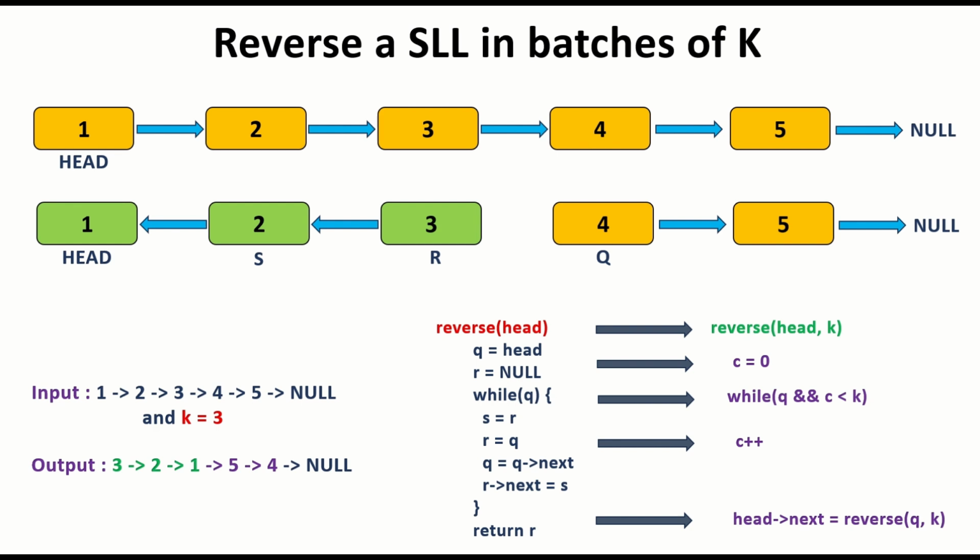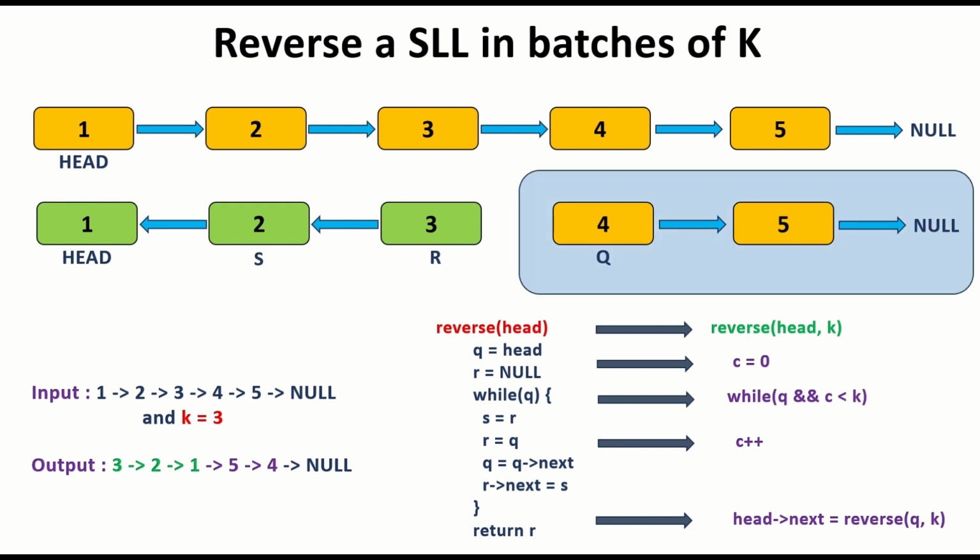So now let's try to solve this second part of the linked list as a subproblem, which I've already highlighted here. So a very simple logic could be, though we haven't understood anything about recursion, but how we can solve it is we can use the same reverse function and we just have to pass the new params.